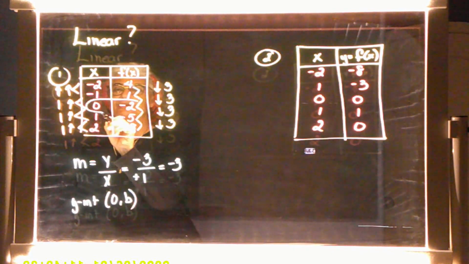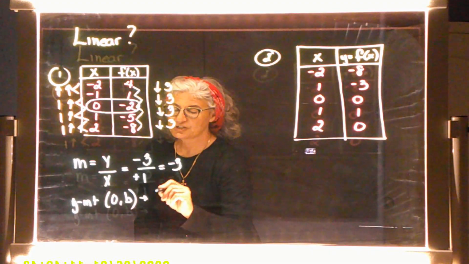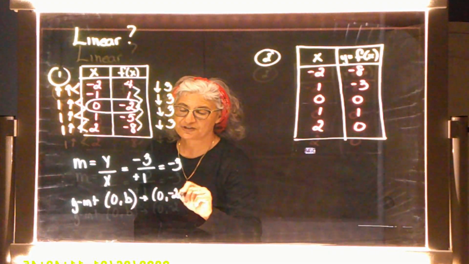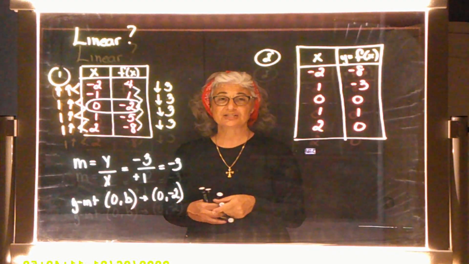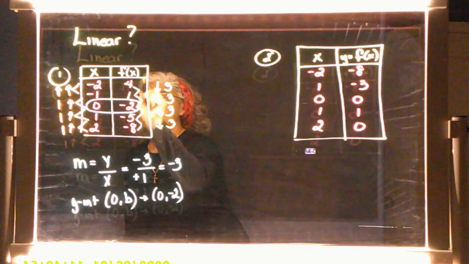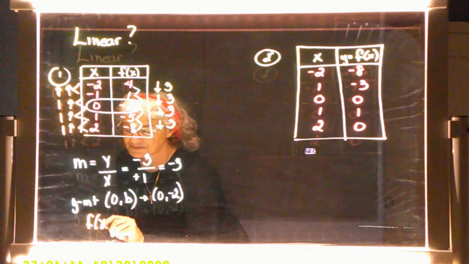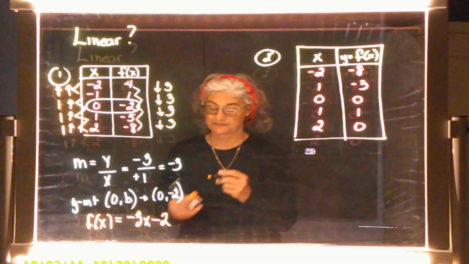My x is 0. What's my y? Negative 2, which means you have 0, negative 2 for the y-intercept. Can you write your linear equation? You sure can. You would have, in this case, f of x equaling negative 3x minus 2.